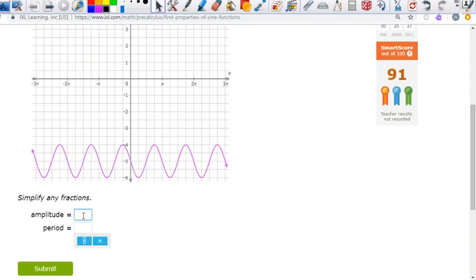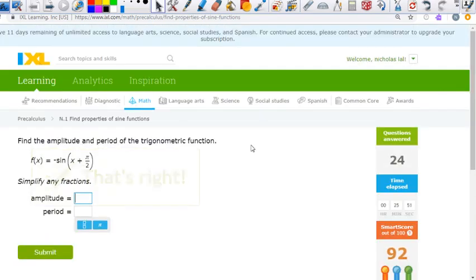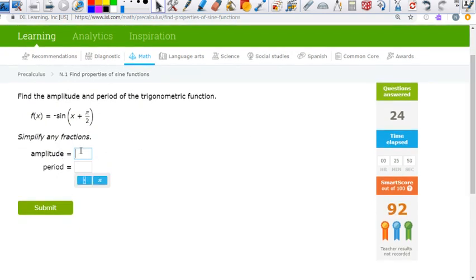Alright. Amplitude 1. The period is going to be 1, 2, 3, 4. The period is going to be 5 pi over 4. Wait, no. The period is going to be 1, 2, 3, 4. The period is going to be pi. Amplitude is 1.